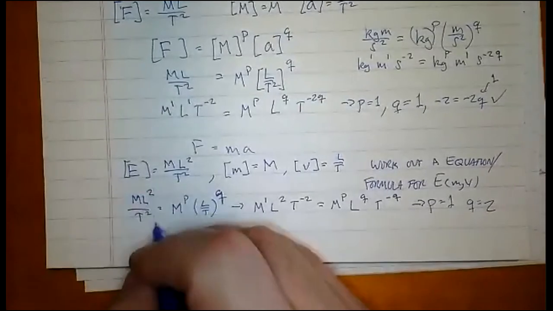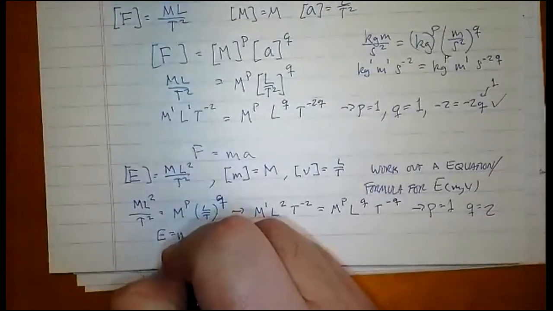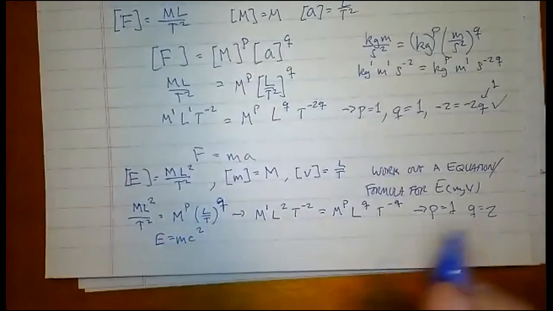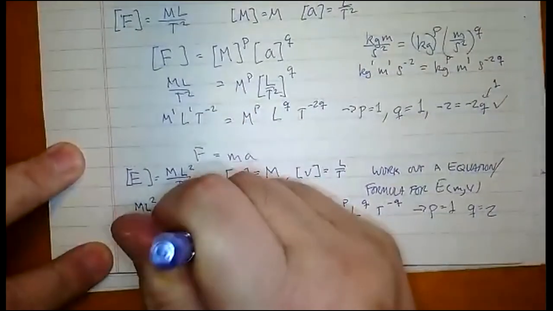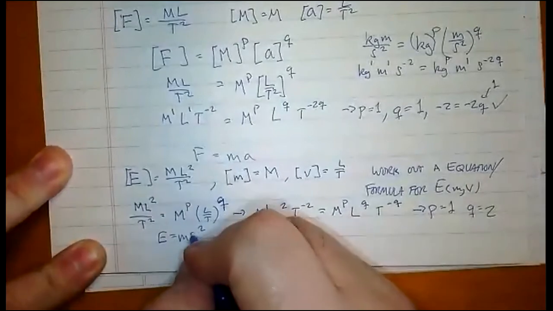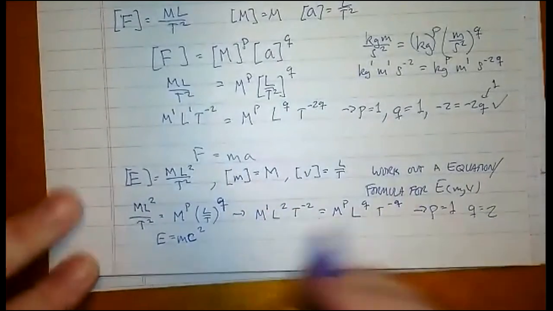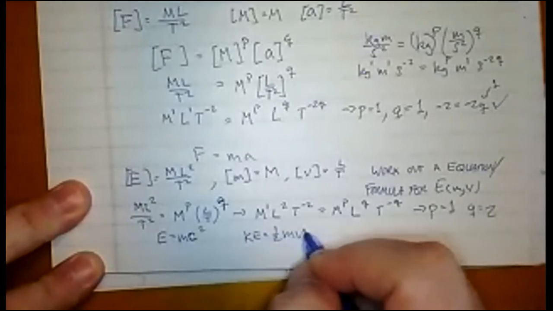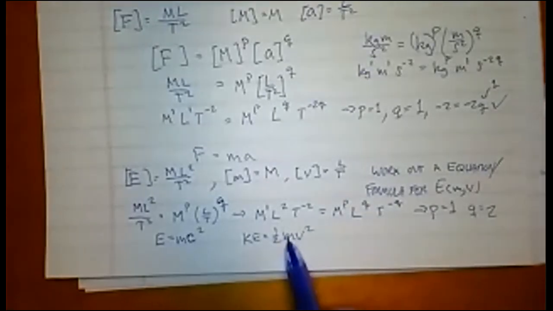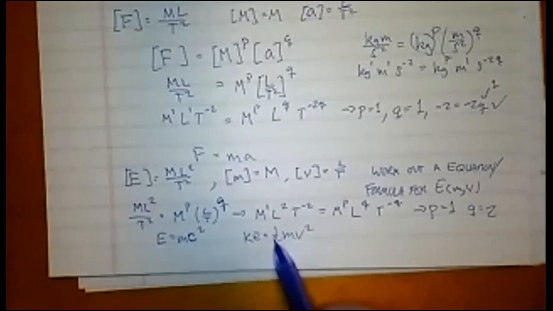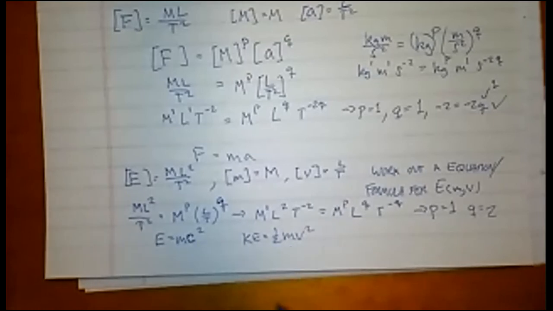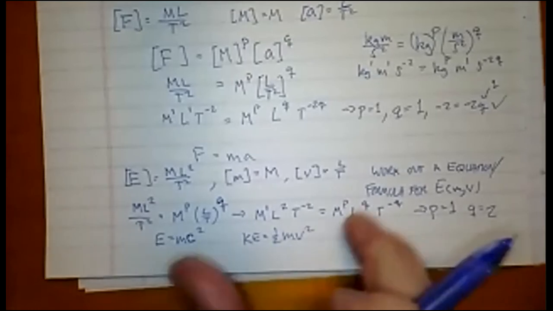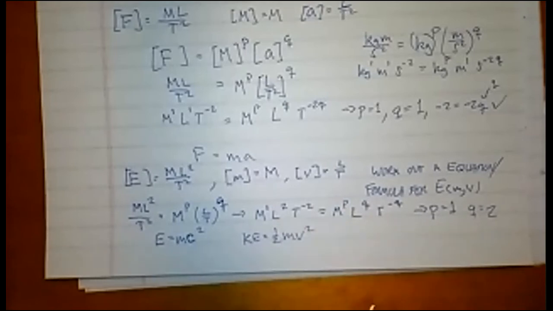One is exactly correct, and that's E equals mc squared. C is the speed of light, which is a velocity, right? So that's why that works. But we also have another one, which is kinetic energy is equal to 1/2 mv squared. Notice though, you couldn't catch that 1/2 by it. Dimensional analysis will not give you constants that have no units. It can only give you basically multipliers of things with units.